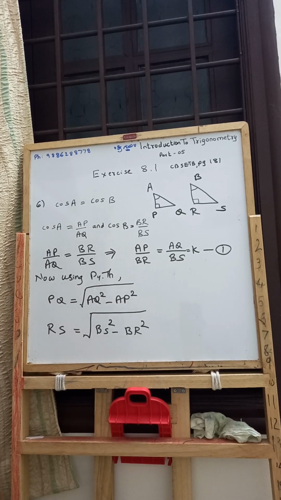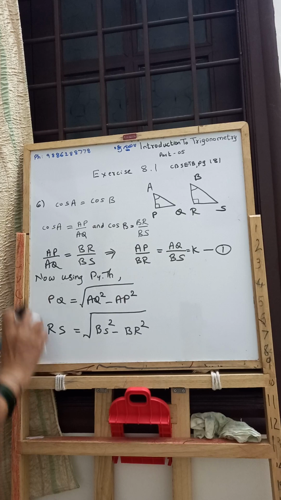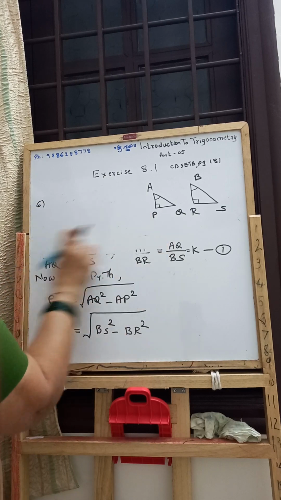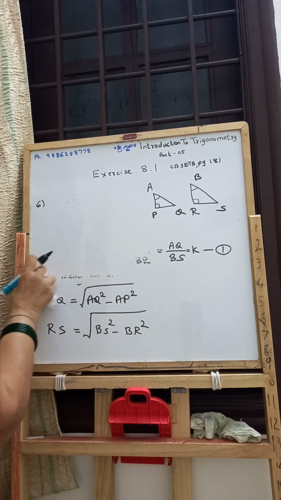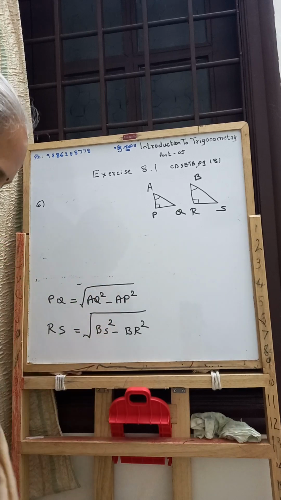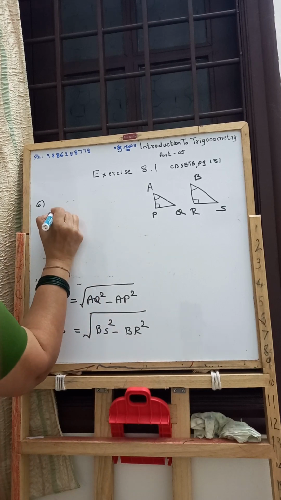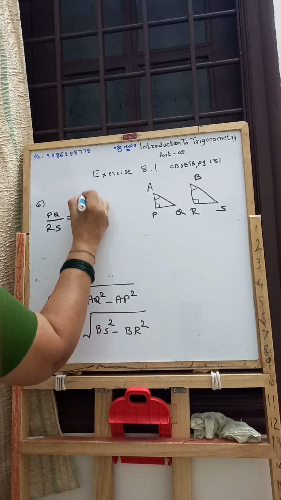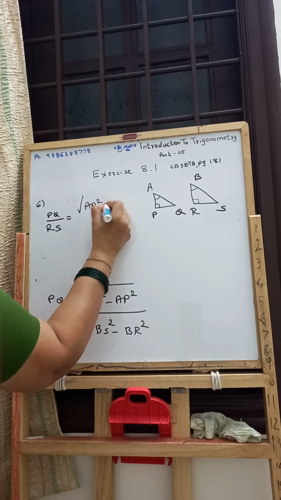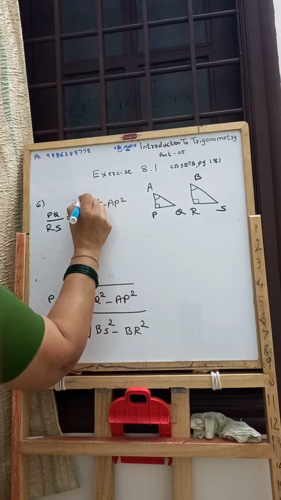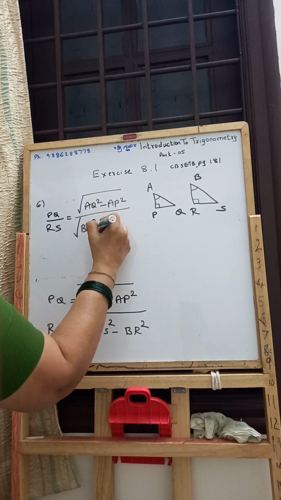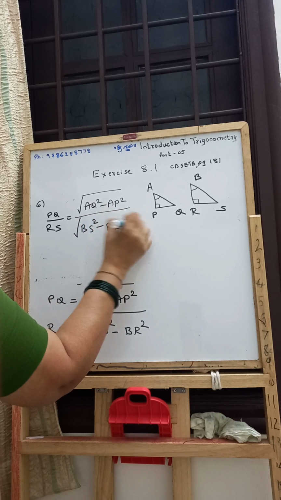Now we will take the ratio of these two sides. So we have PQ upon RS. PQ upon RS is equal to square root of AQ square minus AP square divided by square root of BS square minus BR square.